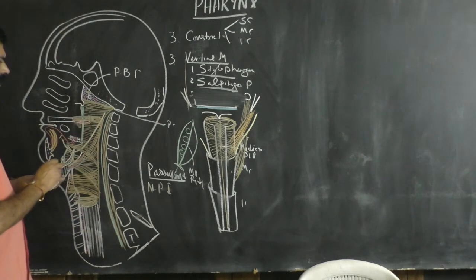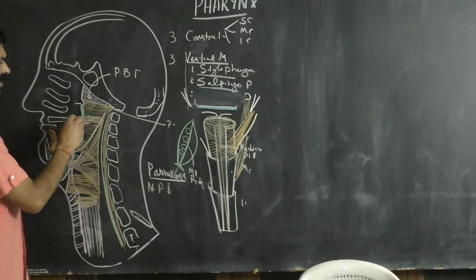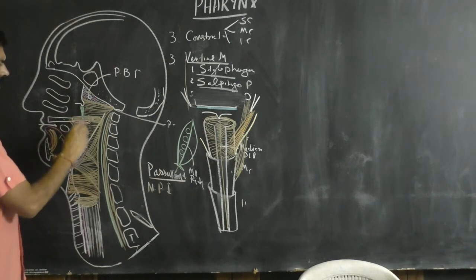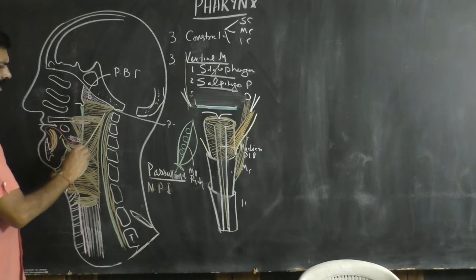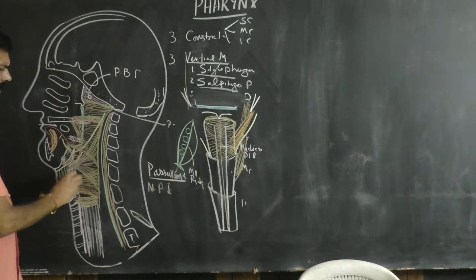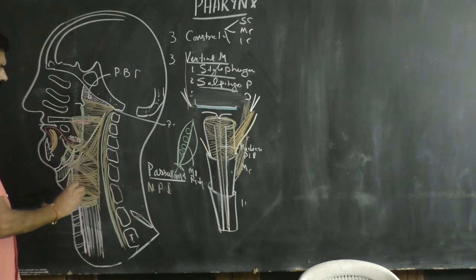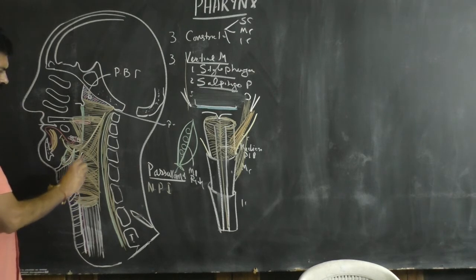The rest of the fibers of the palatopharyngeus, which take origin from the lateral surface of the hard palate, run anteriorly and then go downward outside the constrictor muscles, and they are inserted over the posterior border of the lamina of the thyroid cartilage.